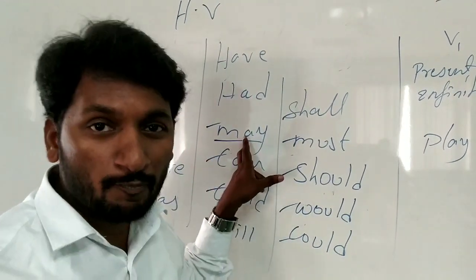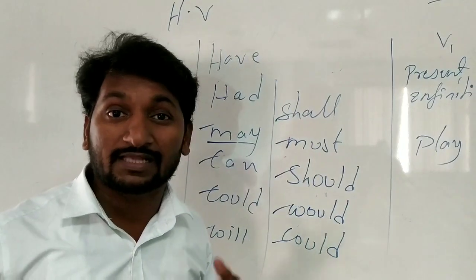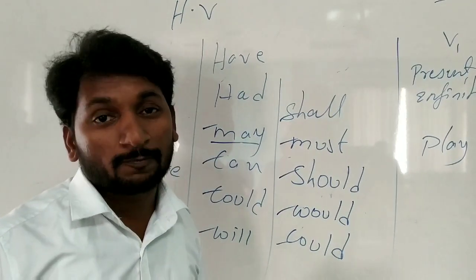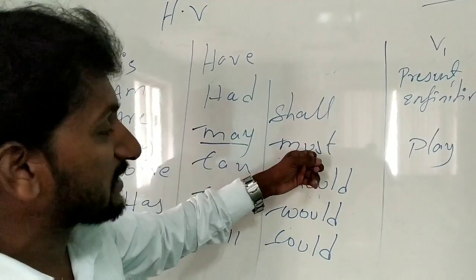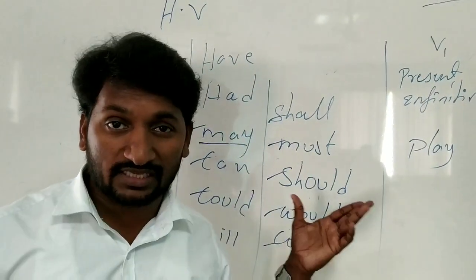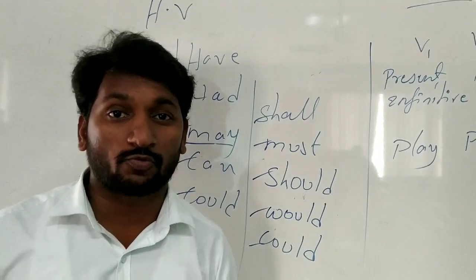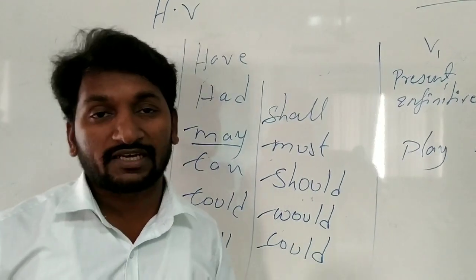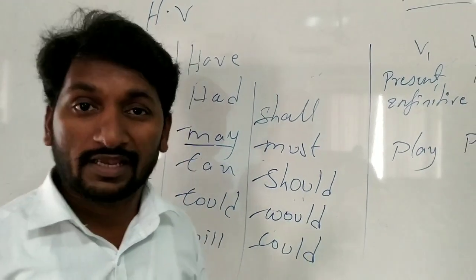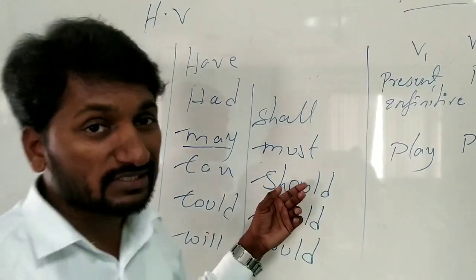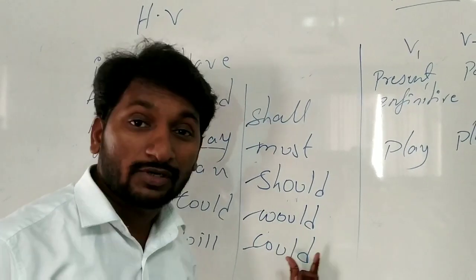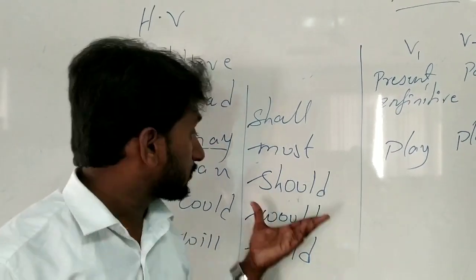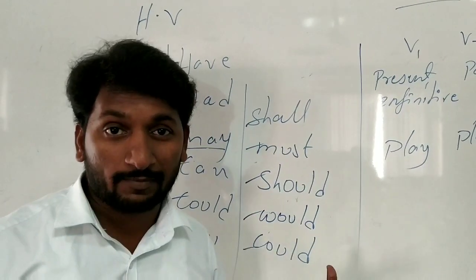May is used to express uncertainty, probabilities which are uncertain. Must is used for mandatory or compulsory things. If I tell you that you must wear uniform today, there is no other option, you are supposed to come in uniform. Should is used to express obligations and responsibilities, and would and could are the past forms of shall and will. Am I right?